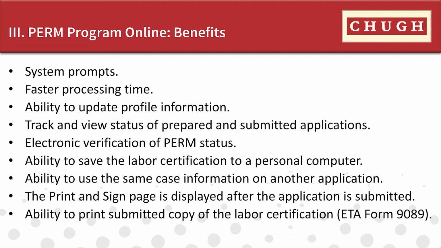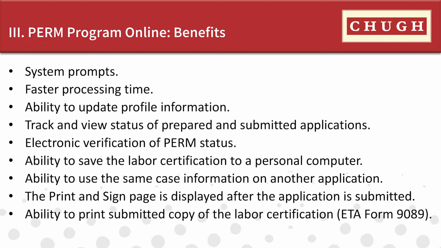Benefits of submitting the online ETA Form 9089. Filing online provides system prompts that assist in the completion of the Form 9089. I know I've used them. Sometimes there are small edits that I have to do. It doesn't let you go to the next question unless it's cleared.